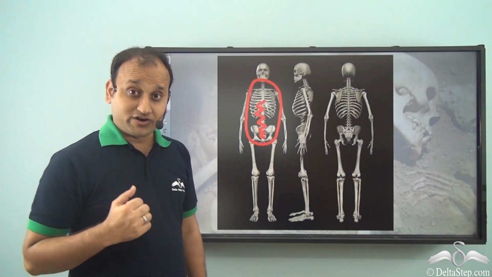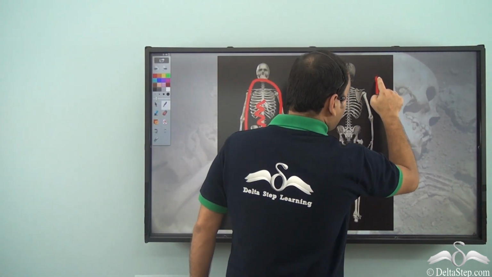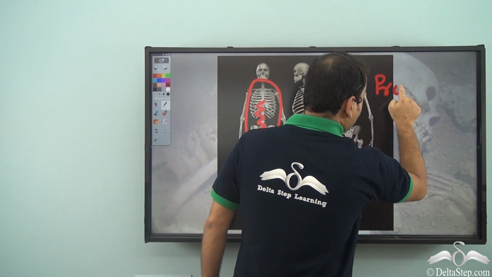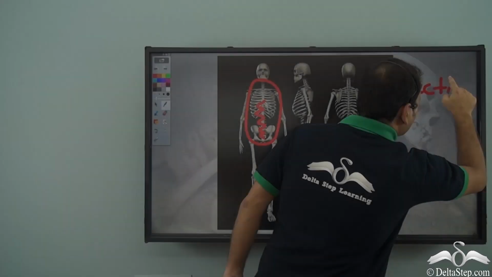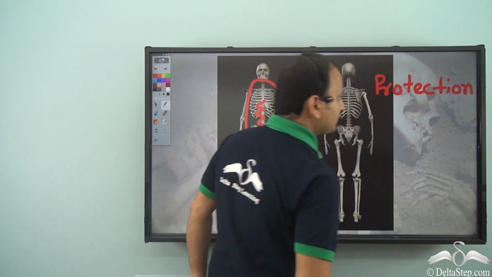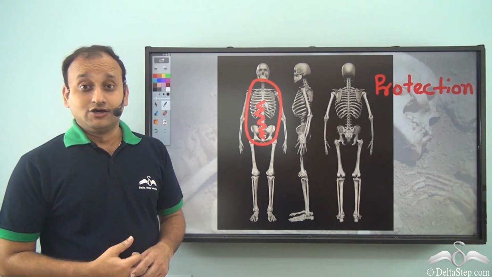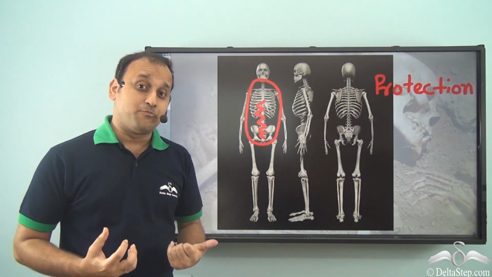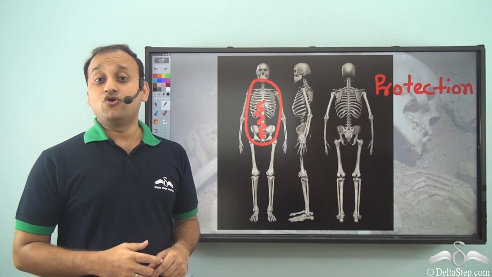That is, another important function of bone is protection. So you see, the bones also protect our body. So they are very important internal parts of our body, just like walls in our home.